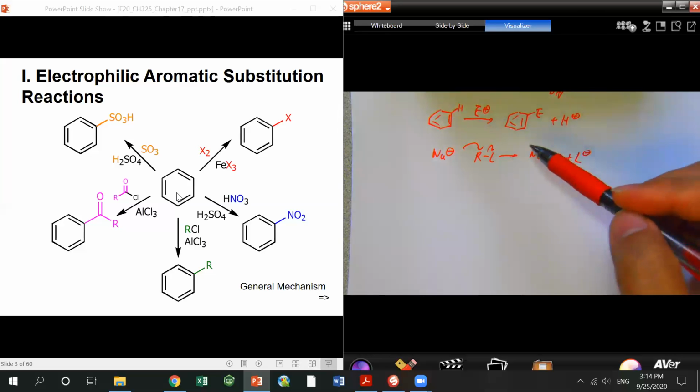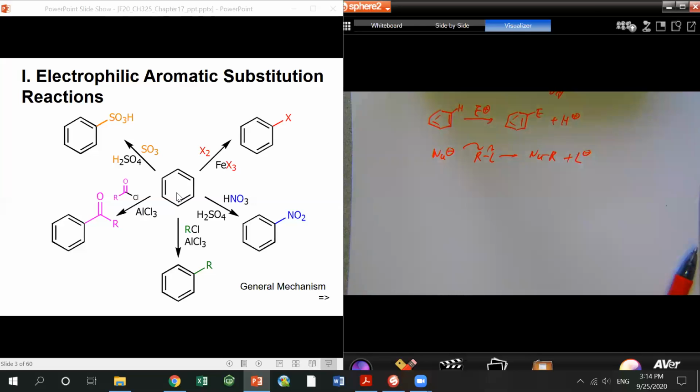Here are the 5 EAS reactions: nitration, putting NO2 on benzene; sulfonation, putting a sulfonic acid group on benzene; halogenation, putting bromine or chlorine on benzene; Friedel-Crafts alkylation, putting an alkyl group on benzene; and finally Friedel-Crafts acylation, putting an acyl group on benzene.